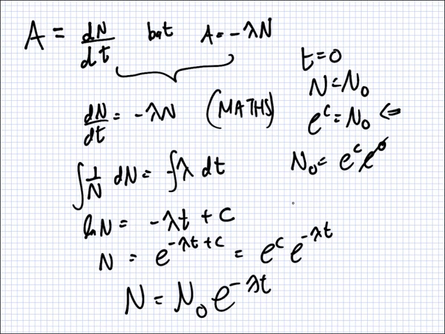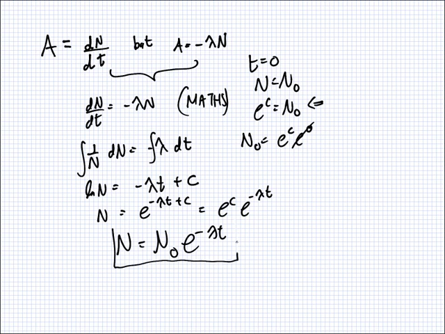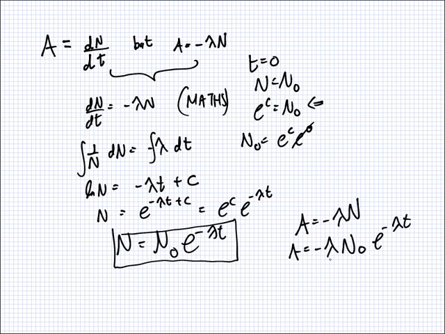So that's one result. But if you remember A equals minus lambda N, then you can say A equals minus lambda N0 e^(minus lambda t). But this you can just call A0.